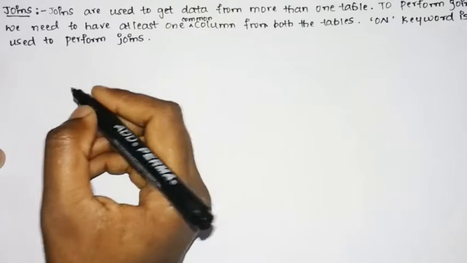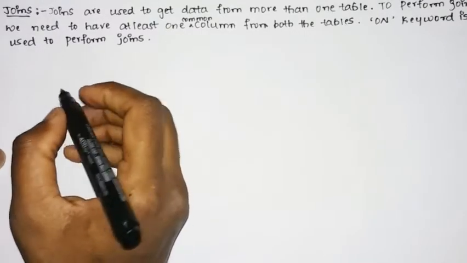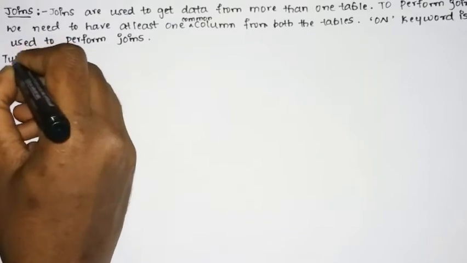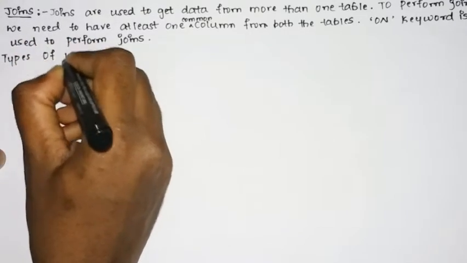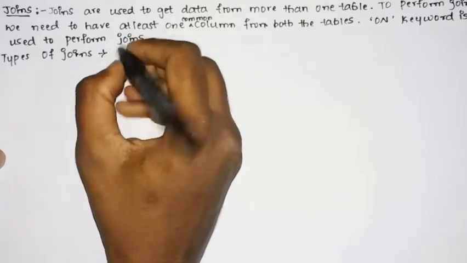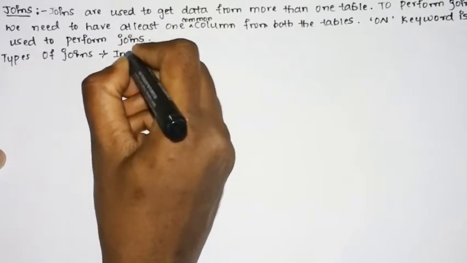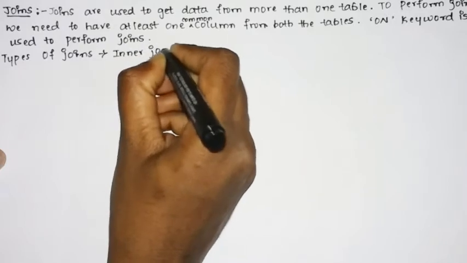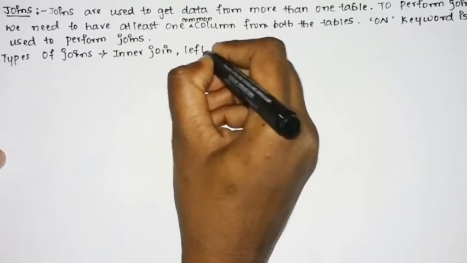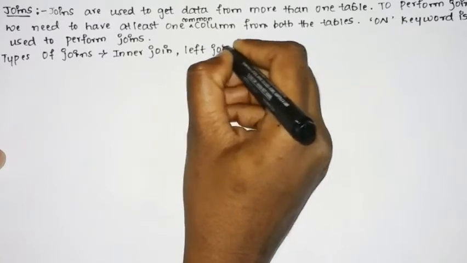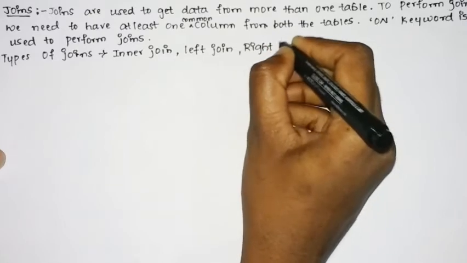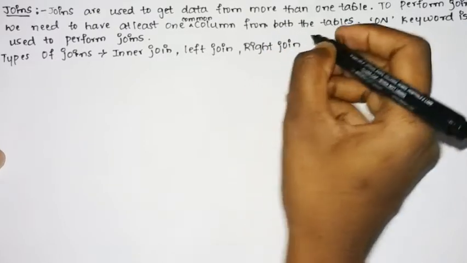So basically there are different types of joins we can use. The first thing is that you can use inner join. So we shall quickly see what are the types of joins. There are 4 different types of joins. The first is the inner join, then the second is the left join, then the next is the right join, as well as the last one, the full join.